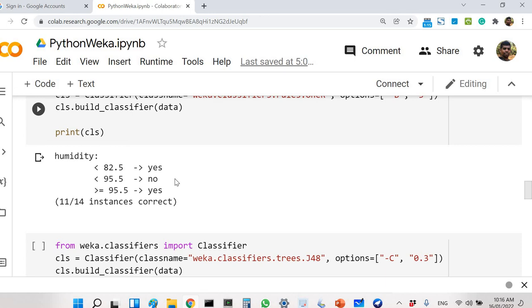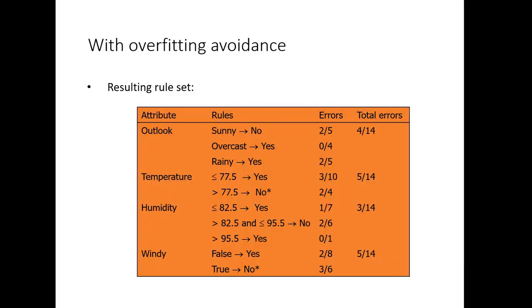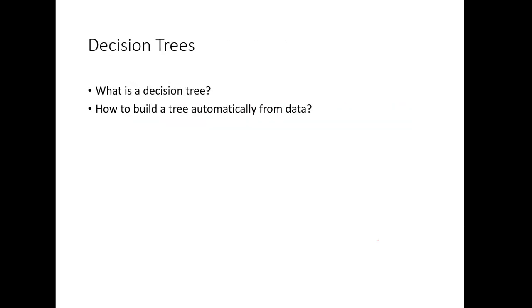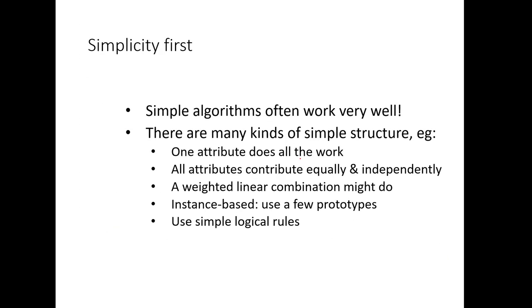So 1R again, right? If you look back at what we did, it's a very simple algorithm which assumes that one attribute is enough. If I go to the previous one, the idea behind this 1R is one attribute does all the work, and that's what we are going to do with 1R algorithm.